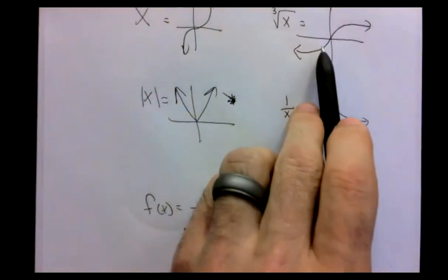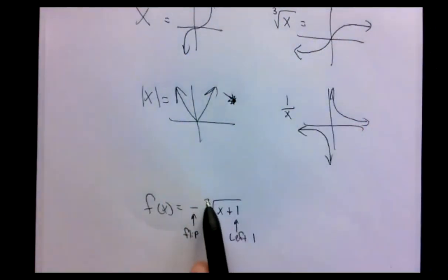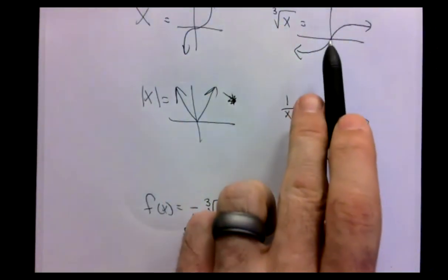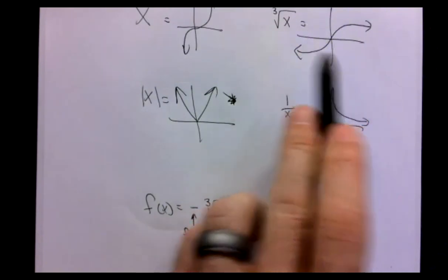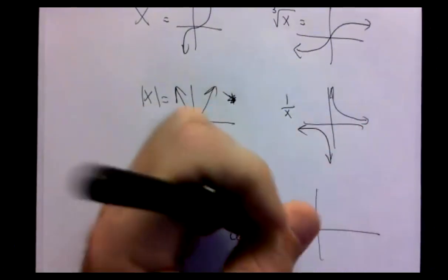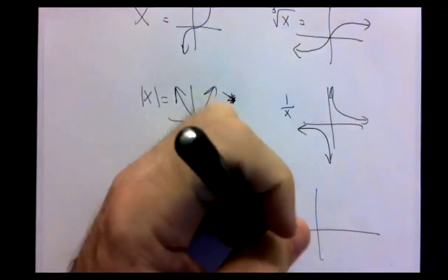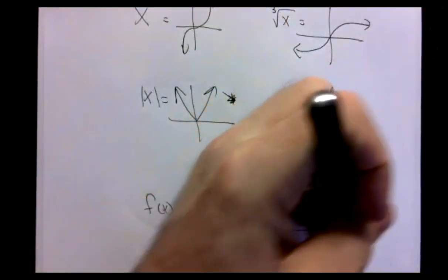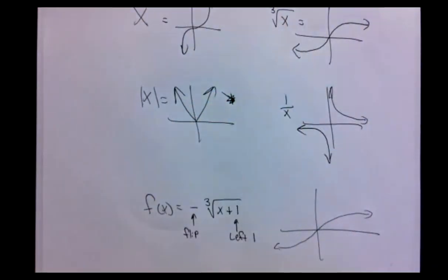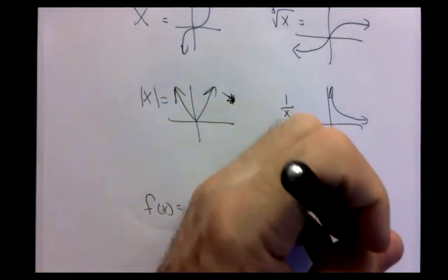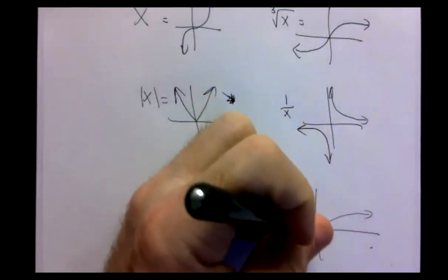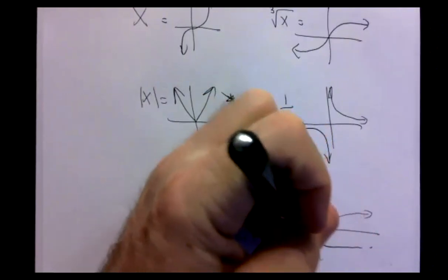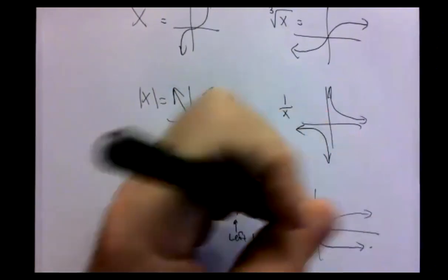So from that same cube root function, we would flip the thing over and then shift it left 1. So if that's your original function, we want to flip it. We want to go left 1. So it's going to go kind of like that.